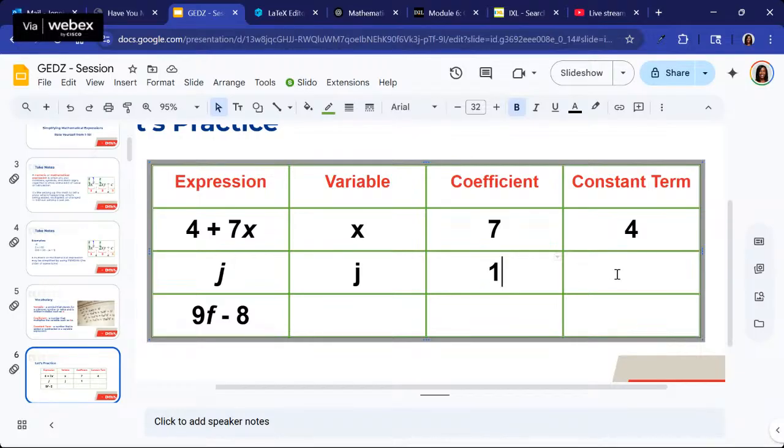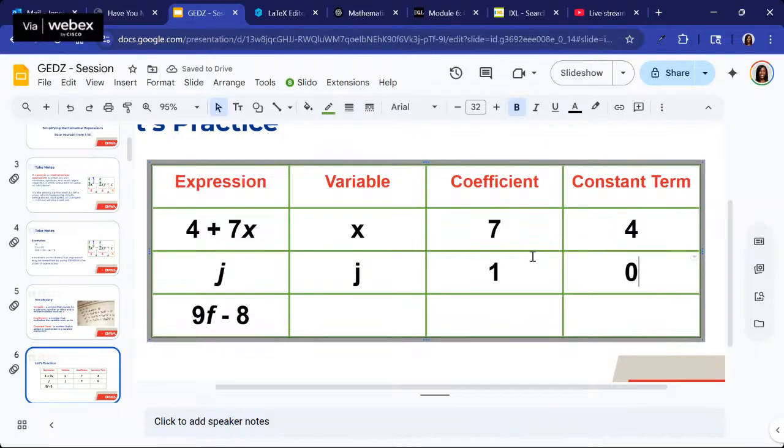Okay, now think about this. What is the constant term? Don't be afraid. It's not 1 because we don't have a plus 1. This one would be 0. This is going to be nothing.